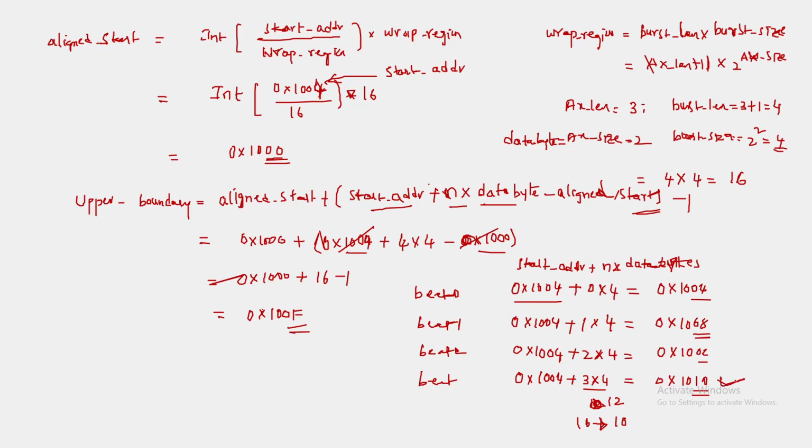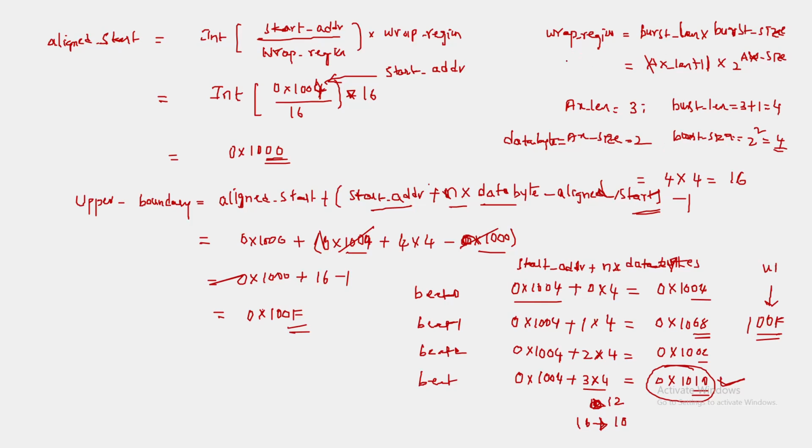Okay, so this boundary is crossed, right? What is the aligned value we got? 100f. 100f is the upper boundary. Is this upper boundary crossed or not? It is crossed. 100f is my upper boundary value because we calculated it. How did we calculate it?